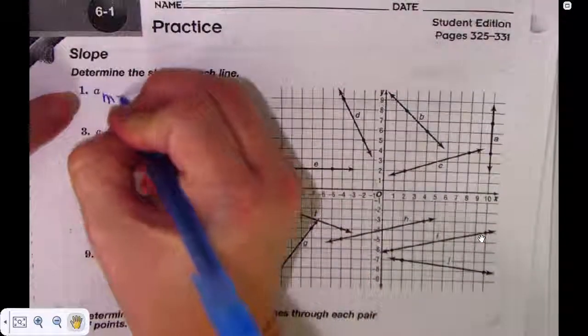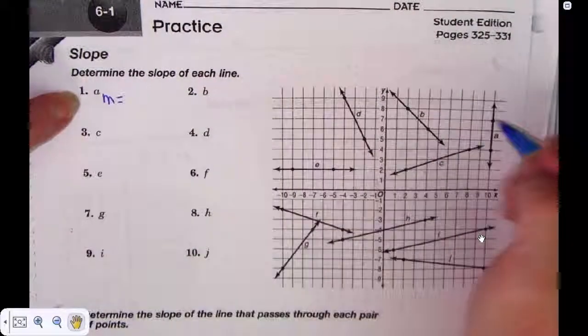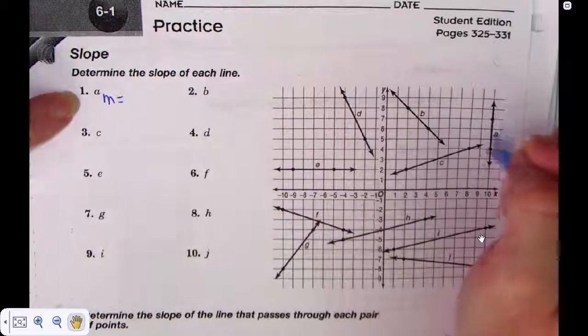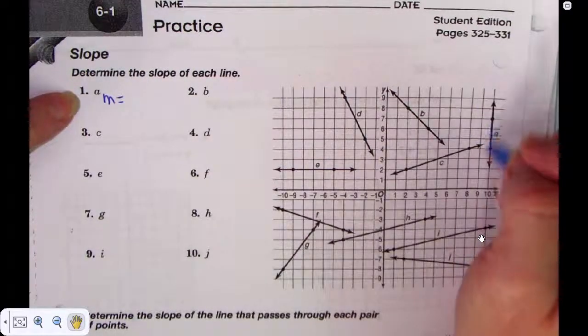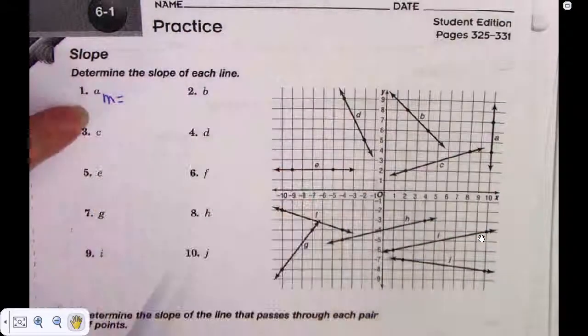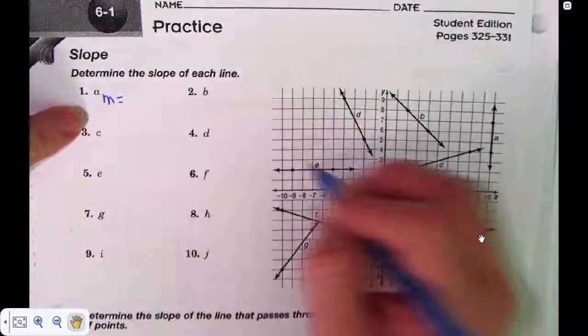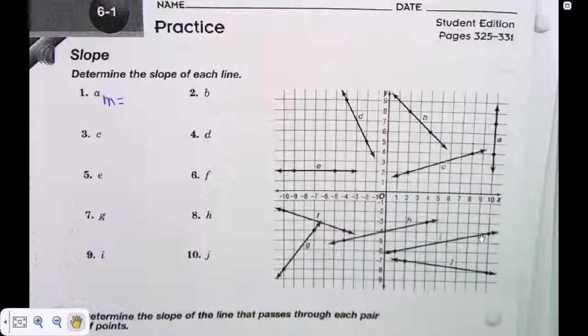So you're going to go over there on every one of these and tell me m equals. Put your numbers, show your y's over your run, and get it. And make sure you simplify it. You're going to go draw and put your numbers over there for each letter.